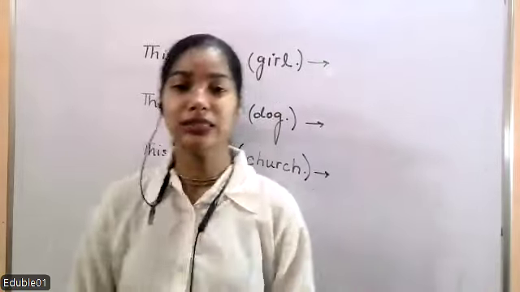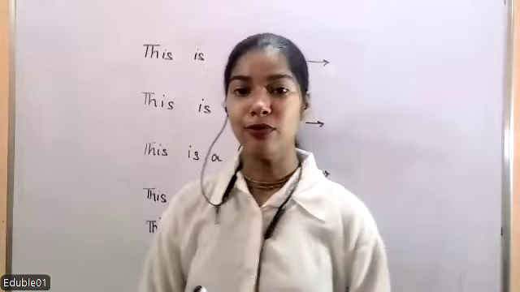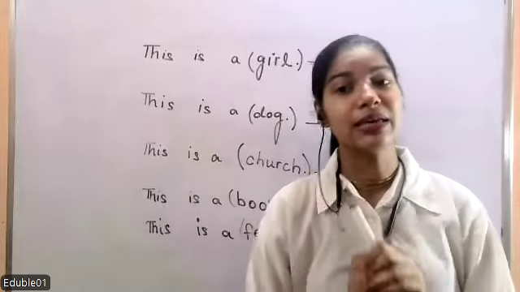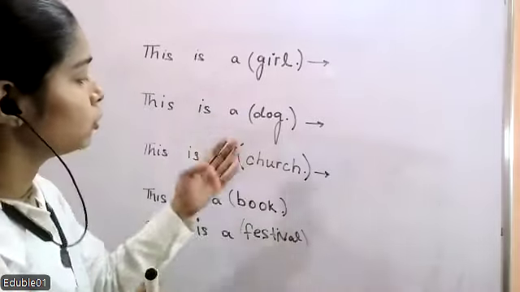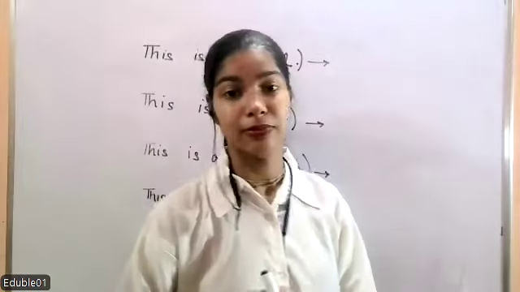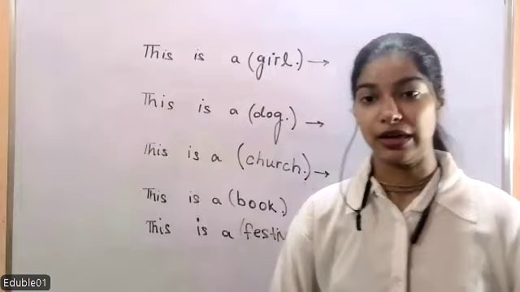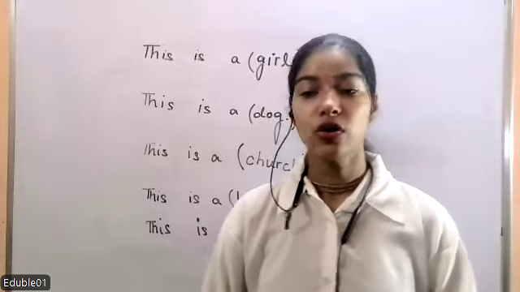Whenever we are taking the common names of things, common naming words like girl, dog, church, book, festival, it can be any random thing.